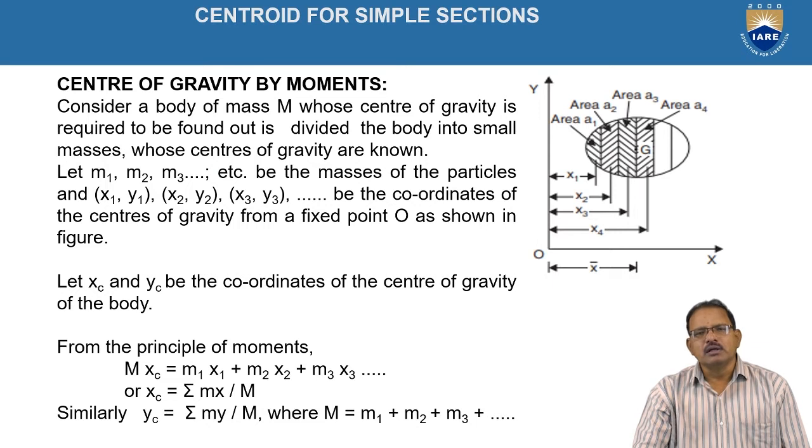Let the positions of the elements M1, M2, M3 be represented by the coordinates x1, y1, x2, y2, x3, y3 and so on with respect to the coordinate axes, which are the x-axis and y-axis. Let xc and yc represent the position of the centroid with respect to the y-axis and x-axis.